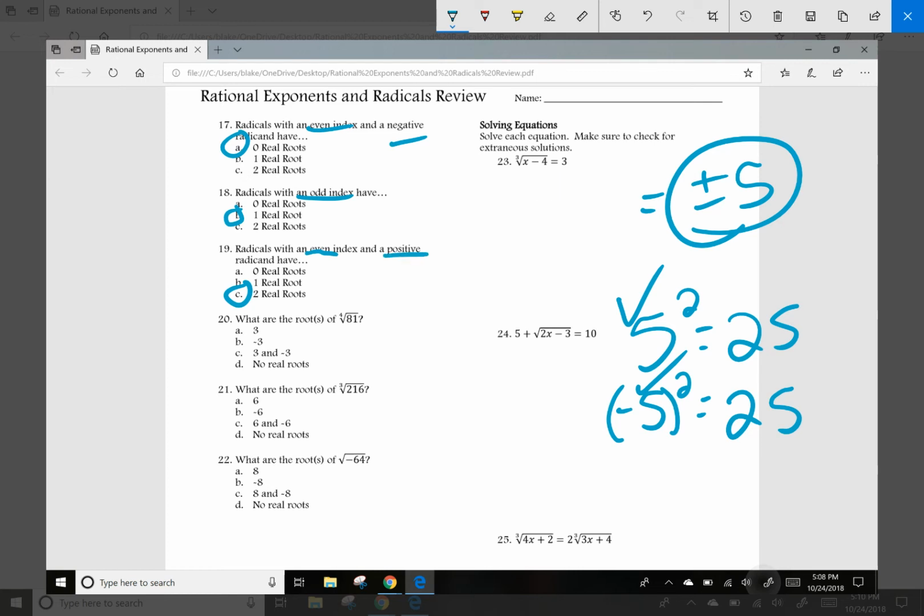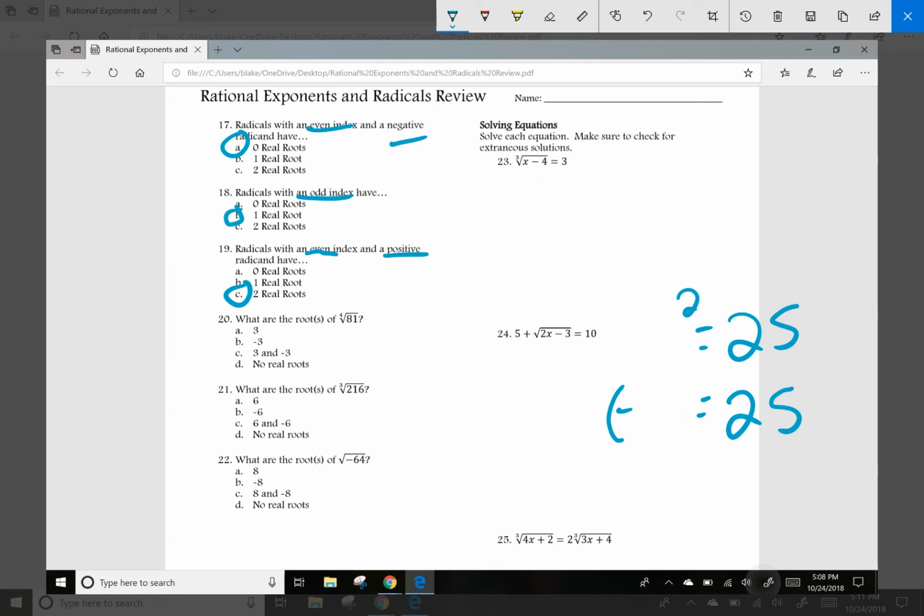So following those rules, you can quickly answer 20, 21, 22 without a calculator, because just notice what type of problem they are. Number 20 has an even index number, and it has a positive on the inside. So if it's an even index number and a positive on the inside, I know it's going to have 2 solutions. The only answer that has 2 solutions is C. I don't even need a calculator.